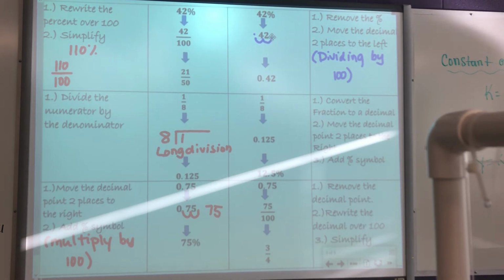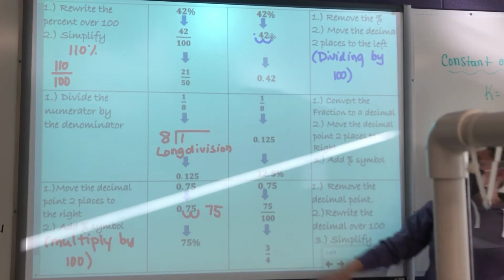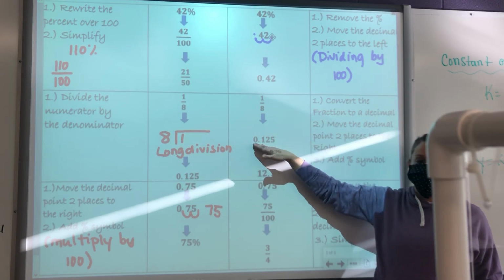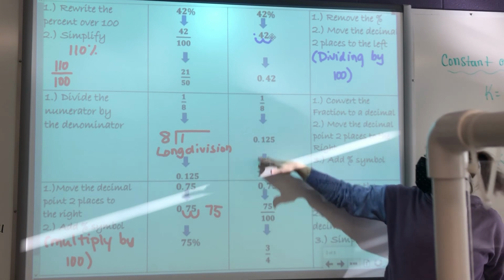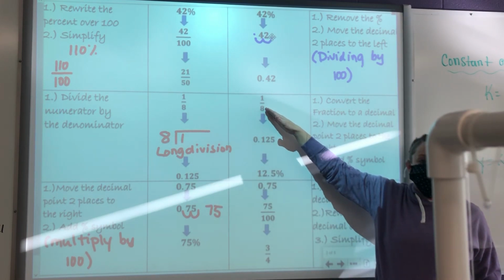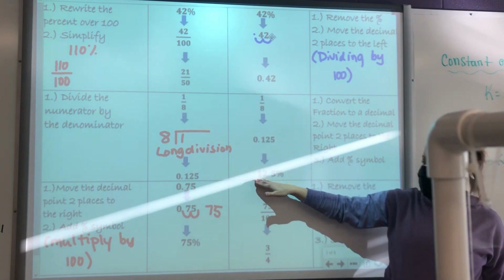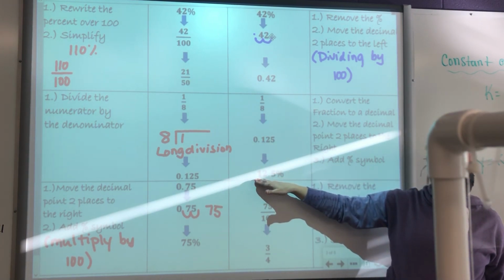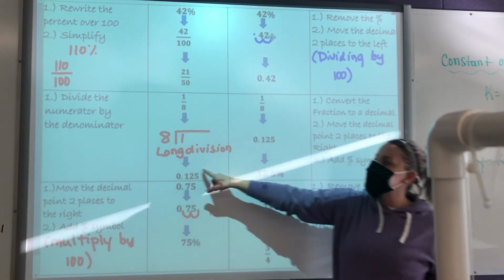Okay, the next one, we're converting from a fraction to a percent. So there are several more steps that we have to go through. Our fraction has to go to a decimal and then go to the percent. So we need to take our fraction, convert to a decimal, and then to a percent. We'll need to use this here.